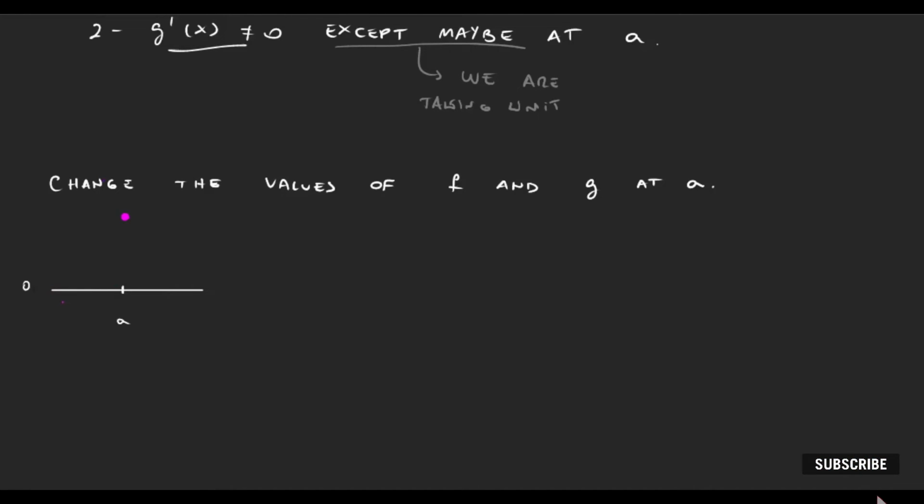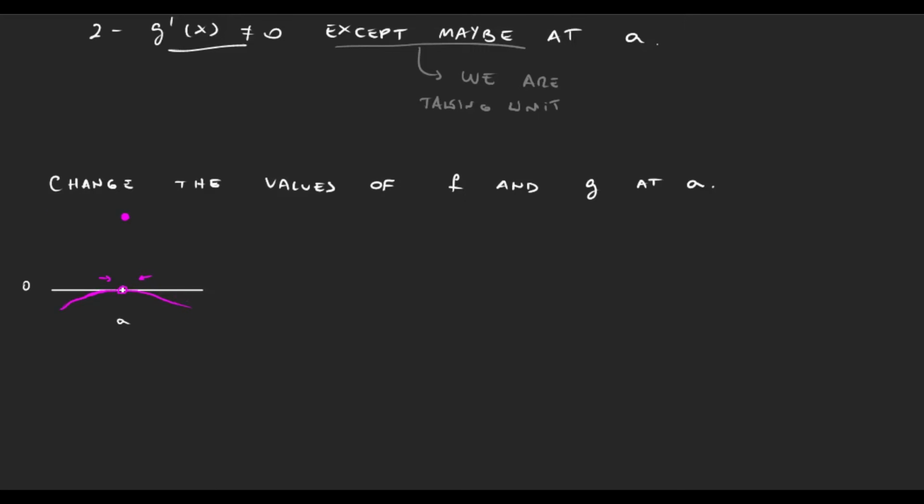So our function is doing something like this. It didn't have value 0, or maybe it did, but the limit was 0, so it was approaching that point.